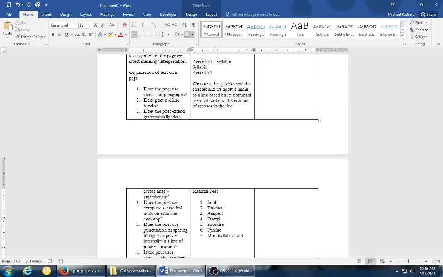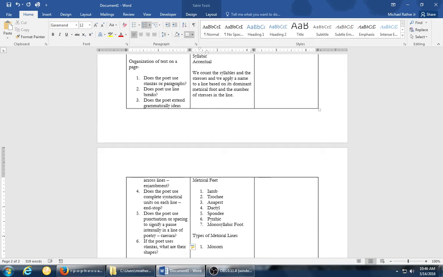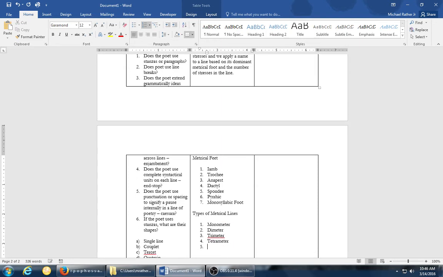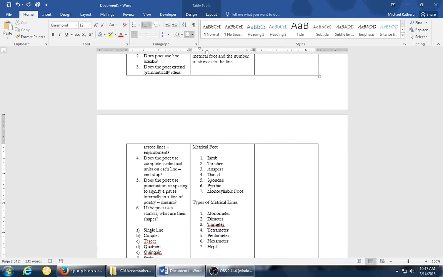Then we have types of metrical lines, and we have monometer, dimeter, trimeter, tetrameter, pentameter, hexameter, heptameter, and we don't typically go up into the eights, but you can.